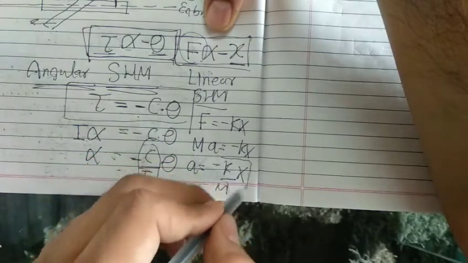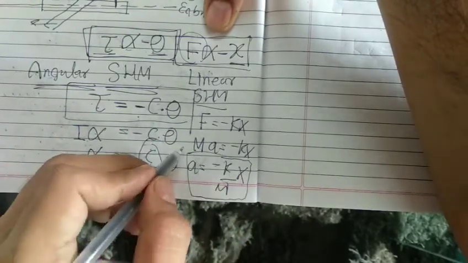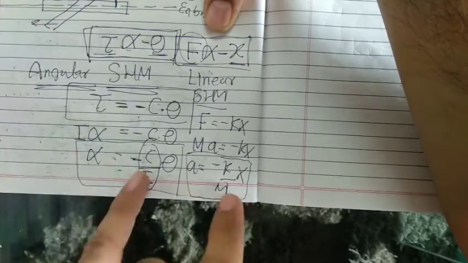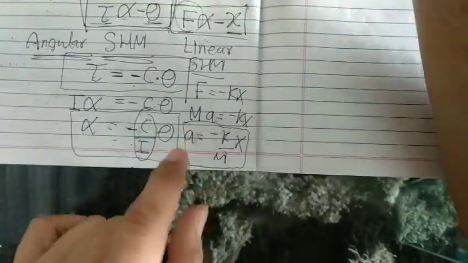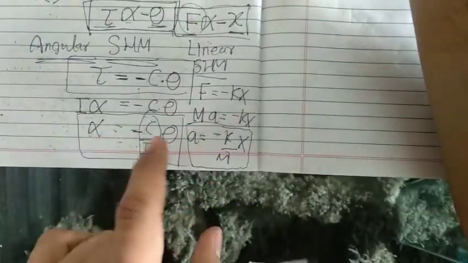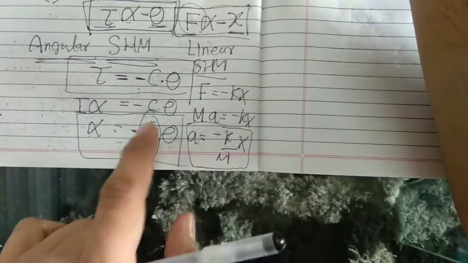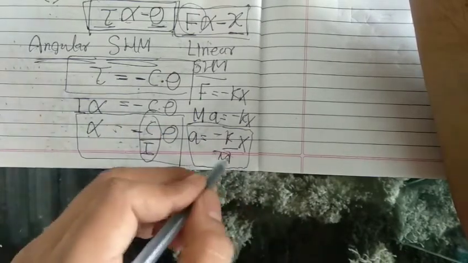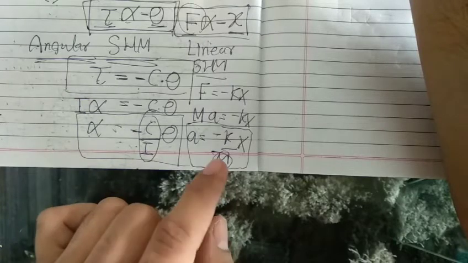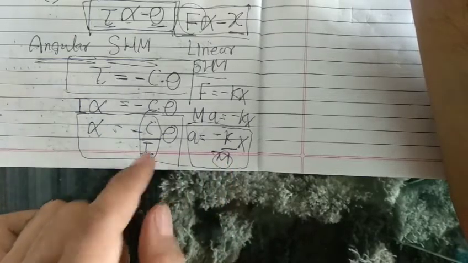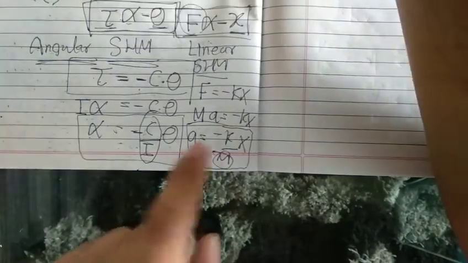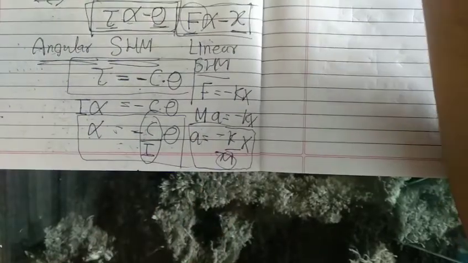Look at this: this is the formula for linear acceleration, and this is the formula for angular acceleration. Both are comparable. A is in the place of alpha, and K upon M is in the place of C upon I. The role of mass M is played here by I, the moment of inertia, and the role of K is played by C.